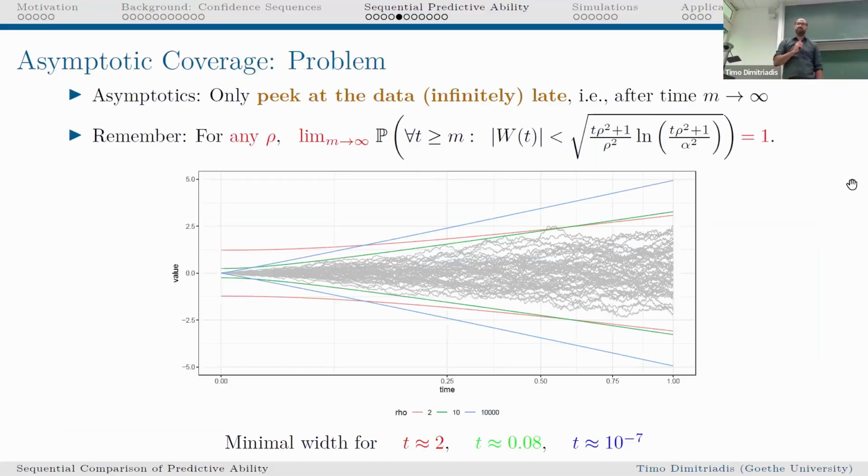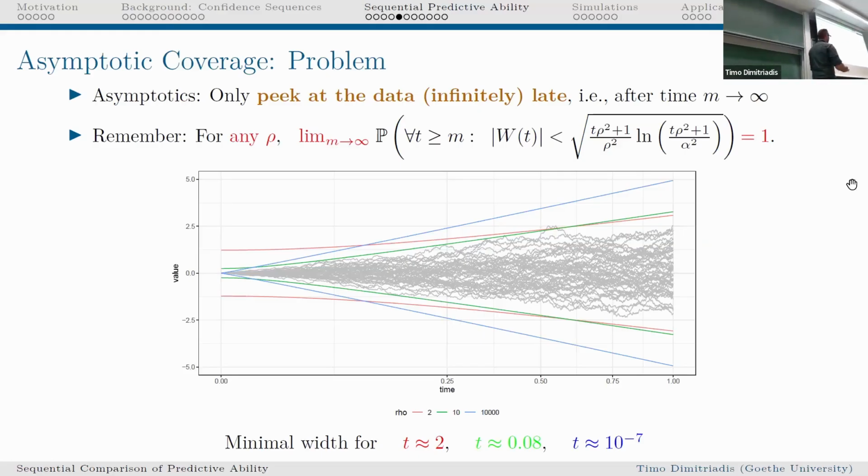All right. Now, remember the coverage problem. So in the asymptotics we want to look at a limit where the initial peeking time m goes to infinity, and then we peek at all time points t larger than the initial peeking time, and then that W_t stays below that threshold. I told you this is 1. This is not 1 minus alpha, this is 1 for all alpha.